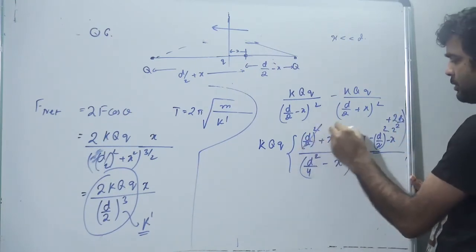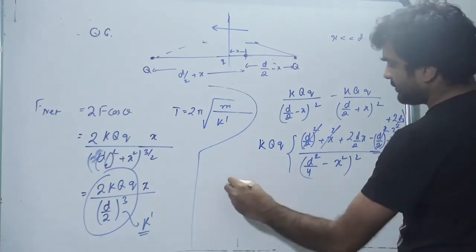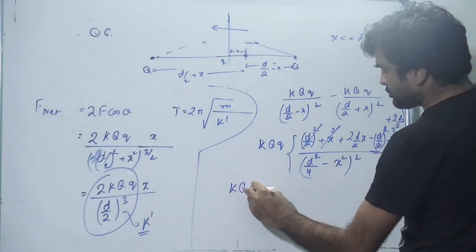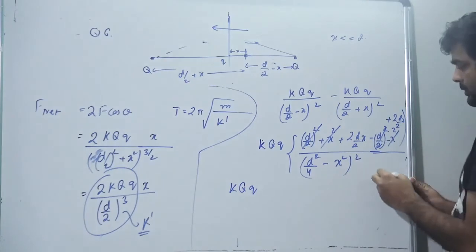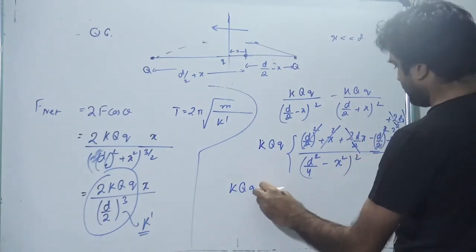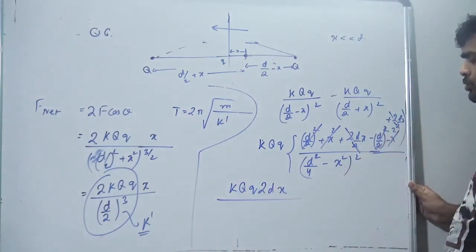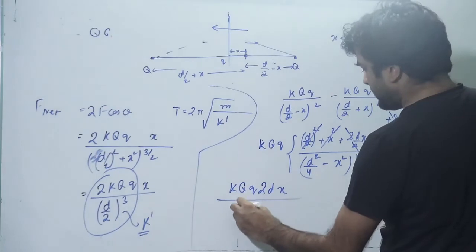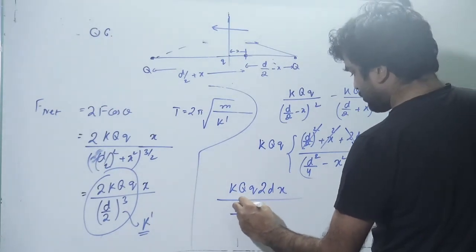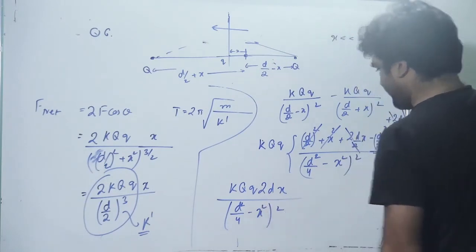So this d by 2 will get cancelled. We will have kQq, 2 and 2 will get cancelled. We will have 2dx, dx plus dx will be 2dx, upon d square by 4 minus x square whole square.